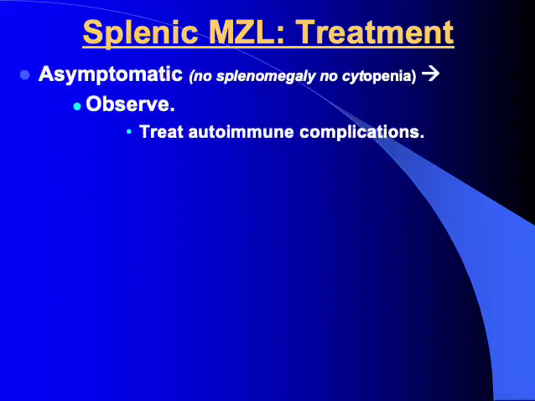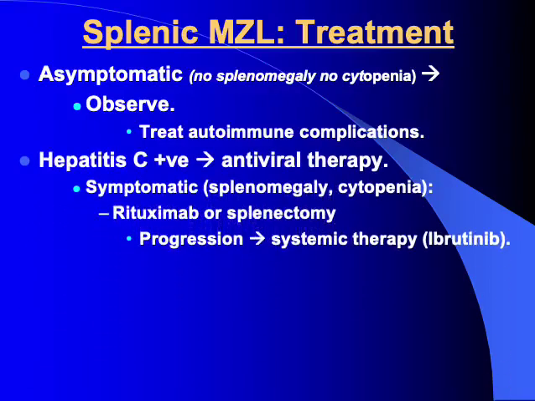Splenic marginal zone lymphoma treatment. Asymptomatic patients, those without splenomegaly and without cytopenia, we observe them. However, we may treat autoimmune complications. We will review those complications later on. Splenic marginal zone lymphoma with hepatitis C infection could be treated with antiviral therapy.